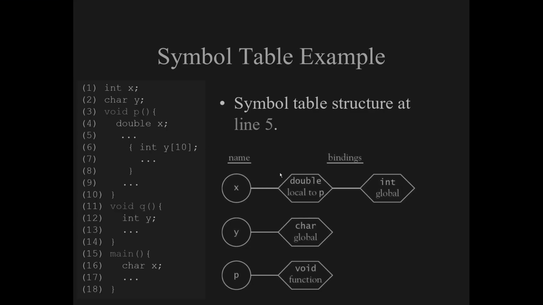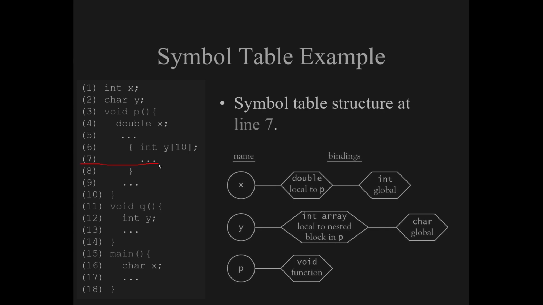Next, at line 7, you do the same thing. The top of the stack for y becomes the int array that is local to the nested block in p. Again, we're just discussing this in the abstract, informally. But if you're implementing this in a compiler or an interpreter, you're going to have to do something like the lexical addressing that we saw a few slides earlier.